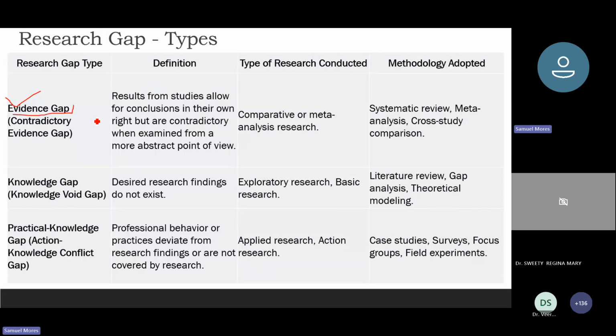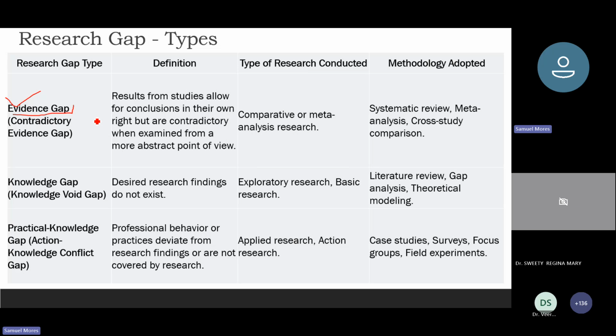Sometimes a particular concept is tested in New Zealand, Australia, USA, UK, Japan or China, but it is not tested in India. That is called evidence gap. In conventional style, people used to write that there are no studies conducted in India, but there are studies available in so and so countries.